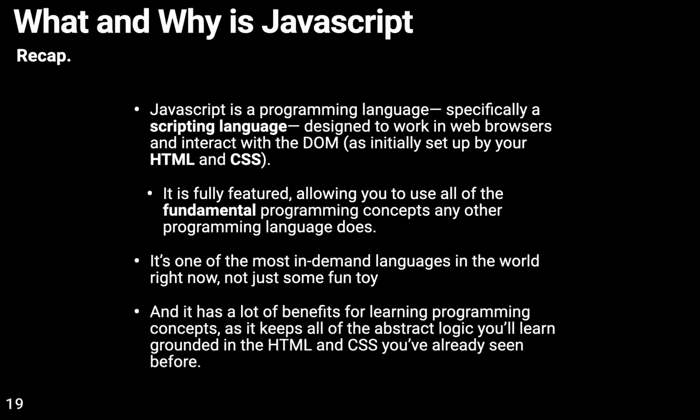And it has a lot of benefits for learning programming concepts. It keeps all the abstract logic that is really inherent to programming. It keeps it all grounded in these building blocks that we've already learned a bunch about, HTML and CSS stuff. So that's the short of what this is and why we're here. Okay, now let's get into writing JavaScript.